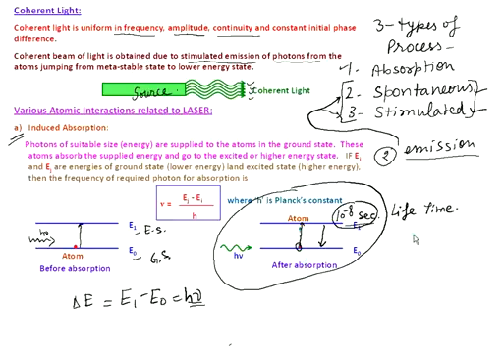When you explain the laser, you consider an assembly of atoms. There is a large number of atoms. Suppose there are N0 atoms. Further, if N1 is the number of atoms in the ground state and N2 is the number of atoms in the excited state, the total number of atoms is equal to N0.